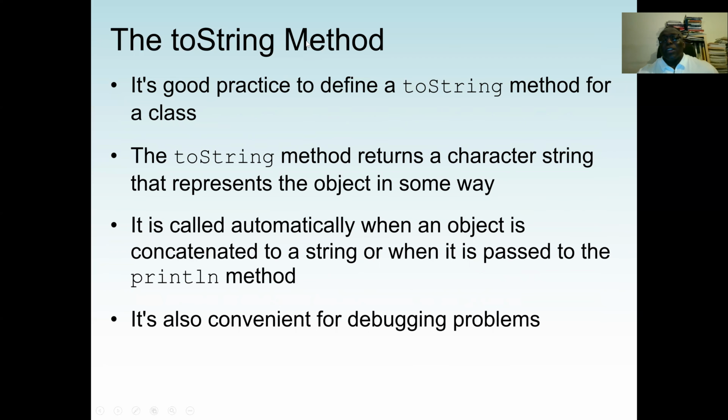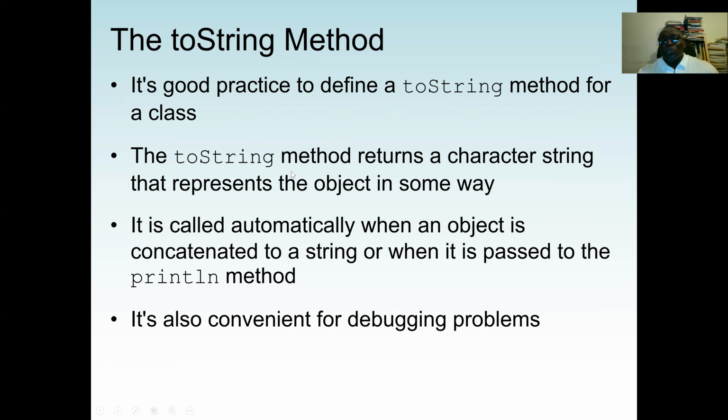So you can see that in lecture 1, part 1 of Java classes, I had an example of a clock class. In the clock class, when you look at the class diagram, we don't have a toString method. We don't really need to. But it's a good practice to define a toString method for the class.